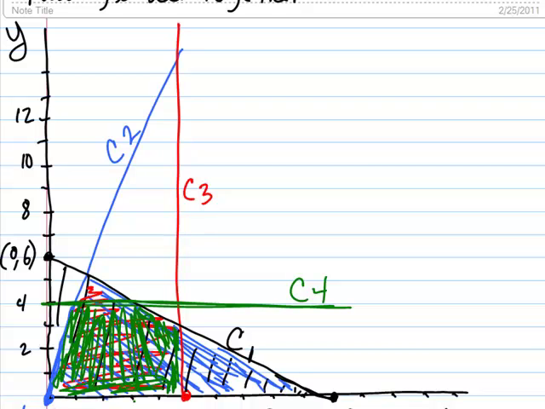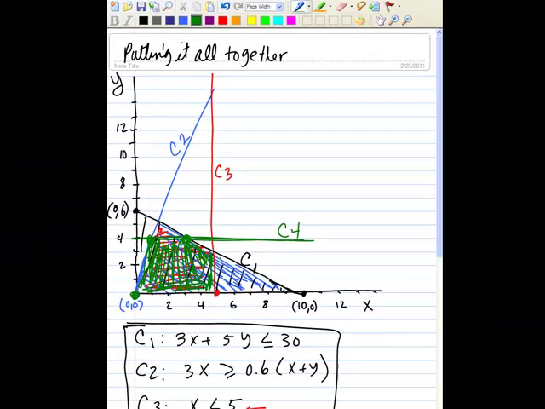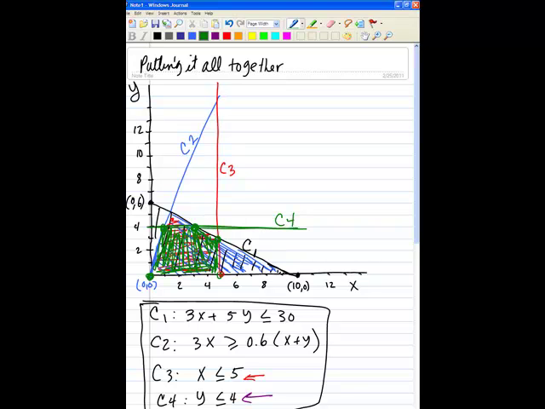So the overlapped feasible region for the constraints goes from this point to this point to this point to this and to this.